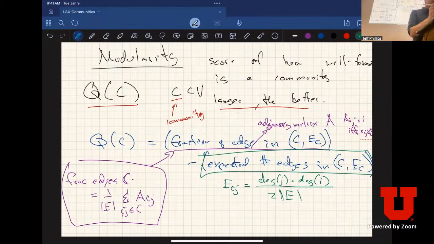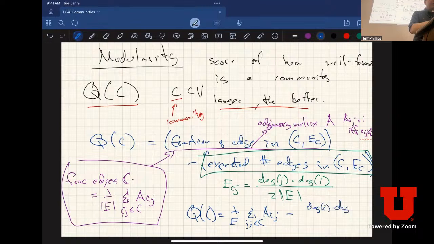And so then again, that means that Q of C is going to be 1 over E, times the sum over ij in C of Aij minus the degree of i times the degree of j over 2 times the number of edges. So this would be the modularity.